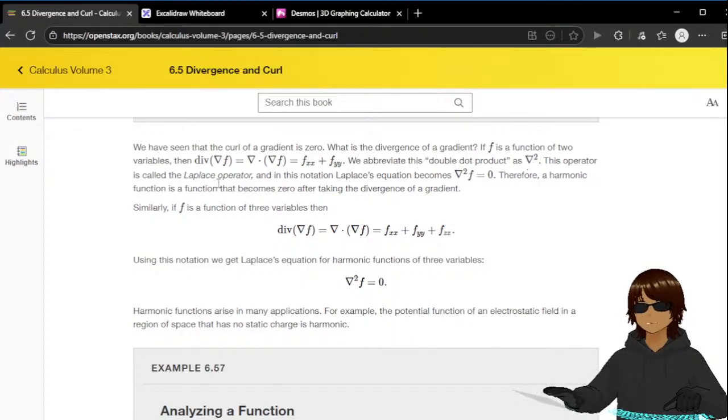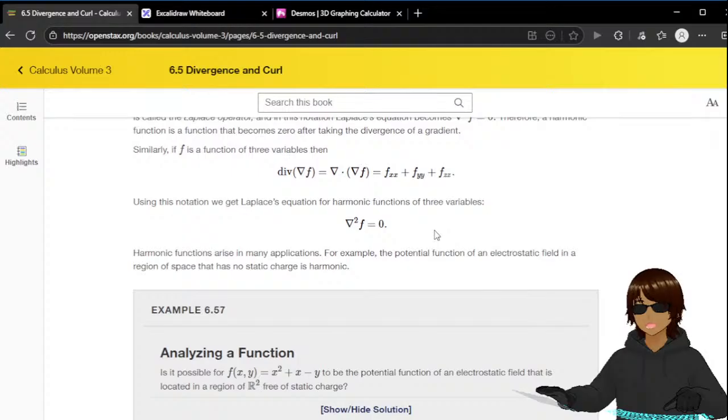This operator is called the Laplace operator, and Laplace's equation becomes gradient squared f is equal to 0. Therefore, a harmonic function is a function that becomes zero after taking the divergence of a gradient. Similarly, if f is a function of three variables, then you have this.